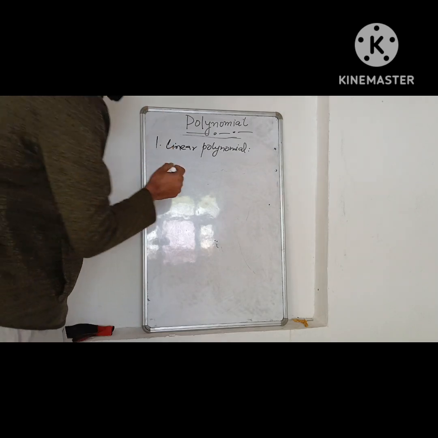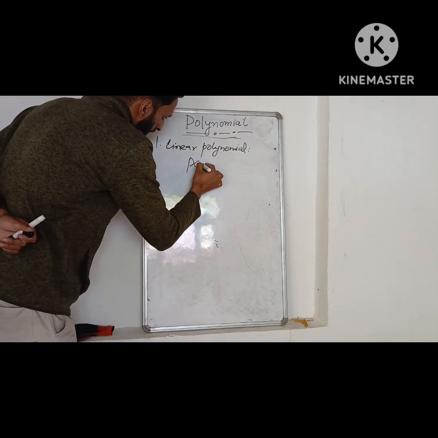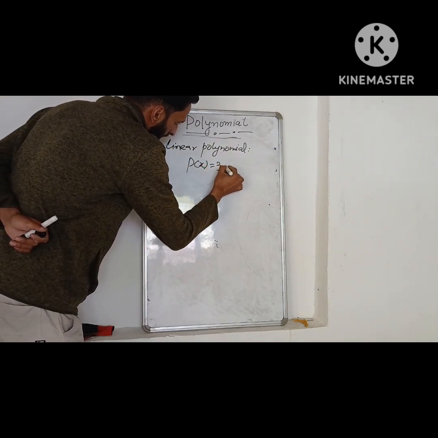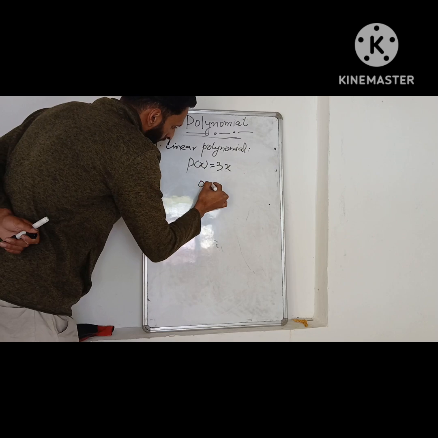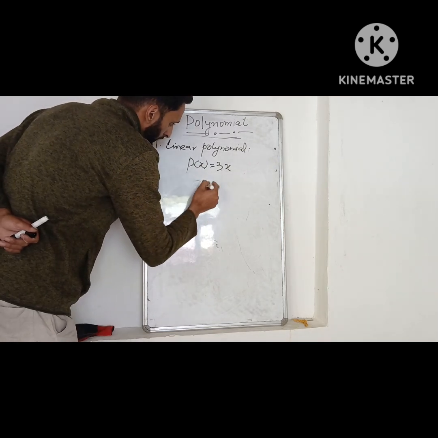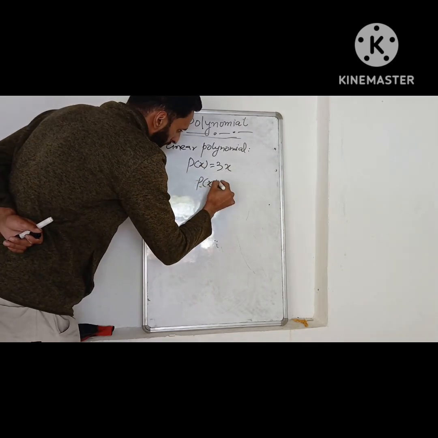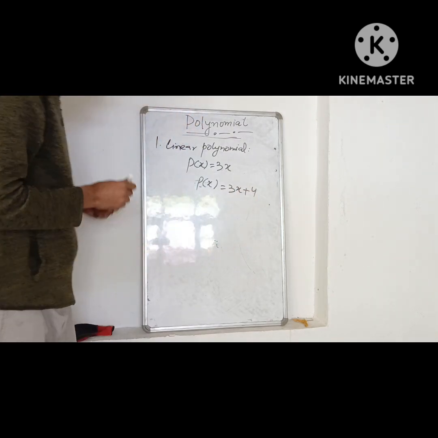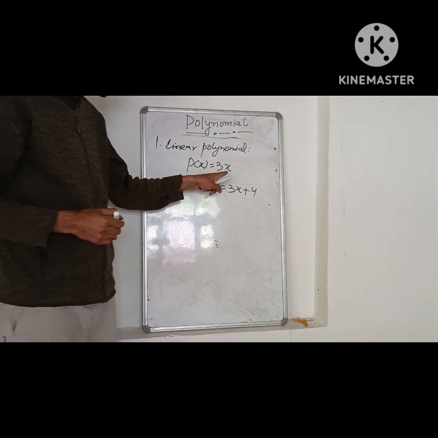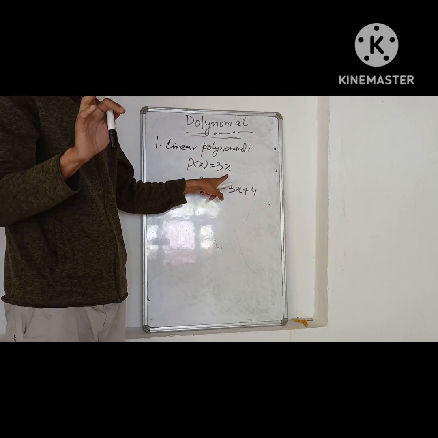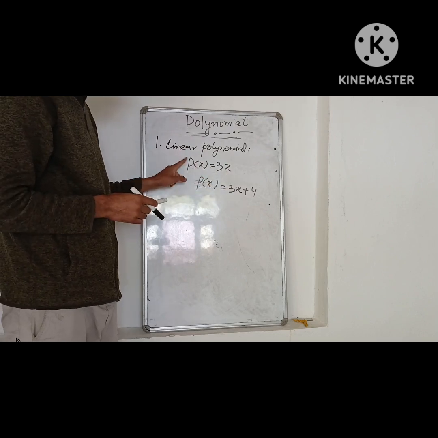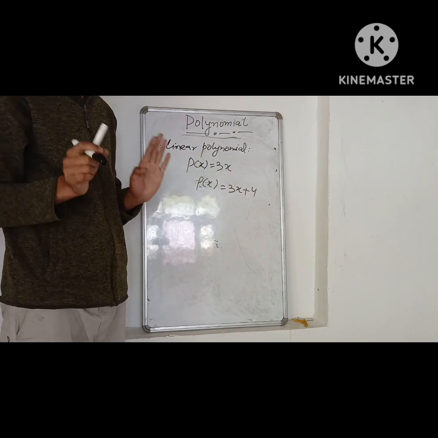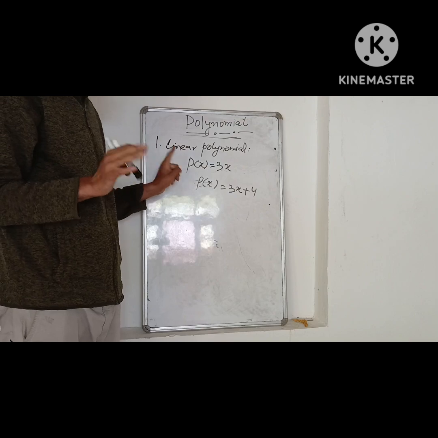A linear polynomial is one that has highest degree 1. Say I am taking the example p of x is equal to 3x, or I can take another example like 3x plus 4. Listen, x has highest power 1. That implies the highest power is 1. Therefore, degree of this polynomial is 1.